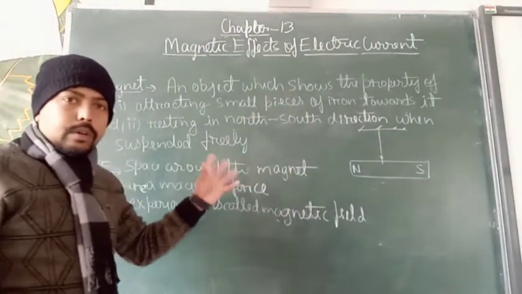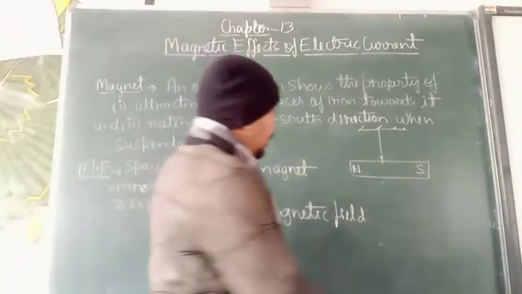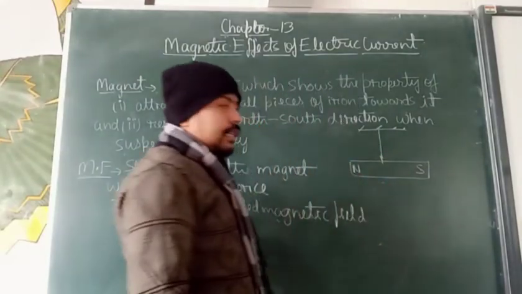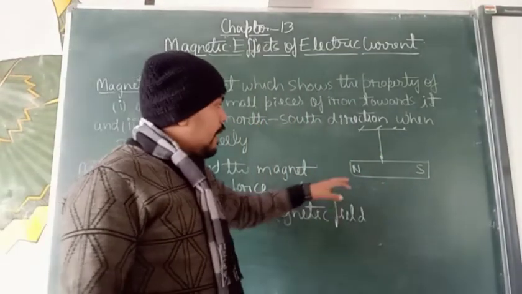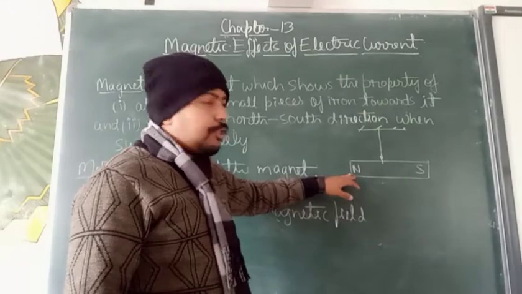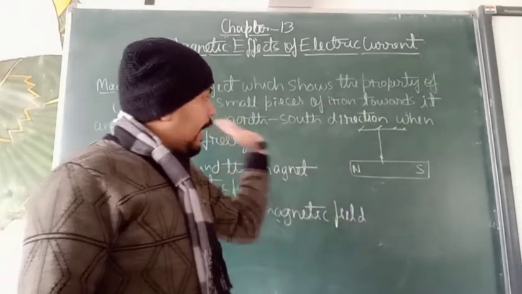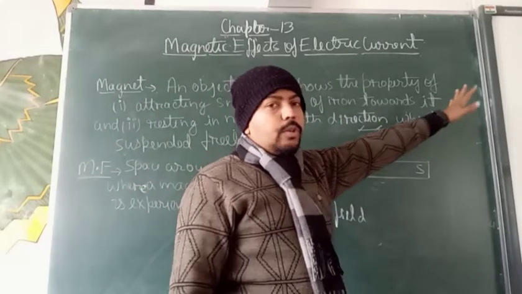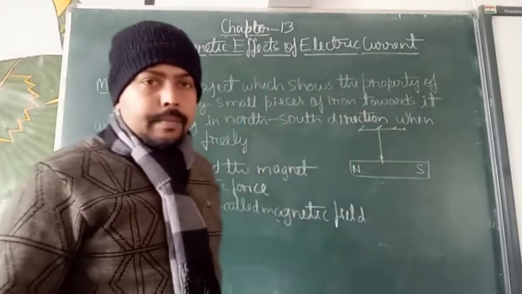Okay, it can rotate also and it will adjust itself in such a way that there will be one end which will be toward the north pole and the other end which will be towards the south pole of the earth.